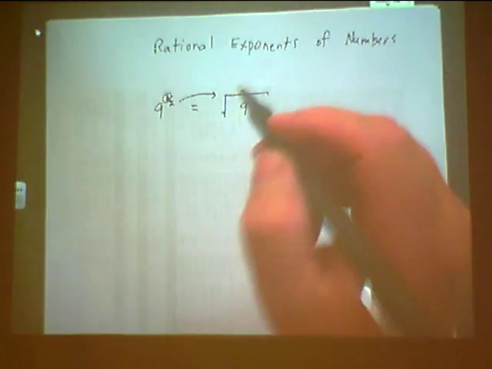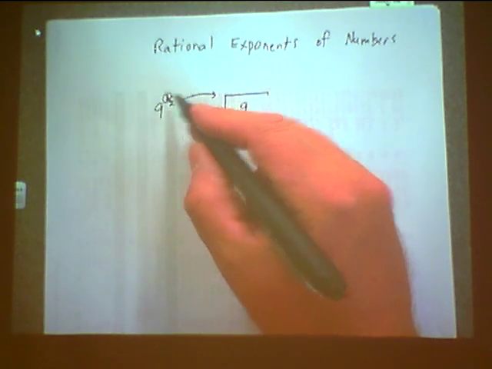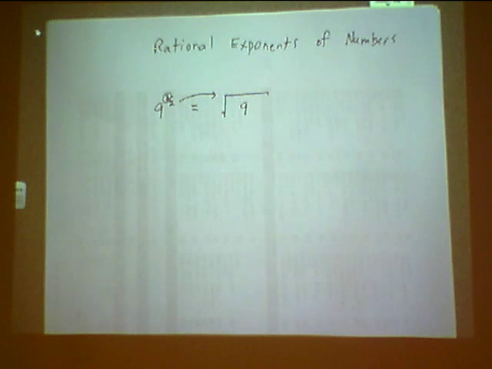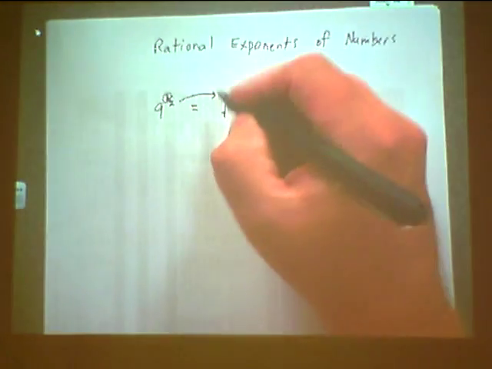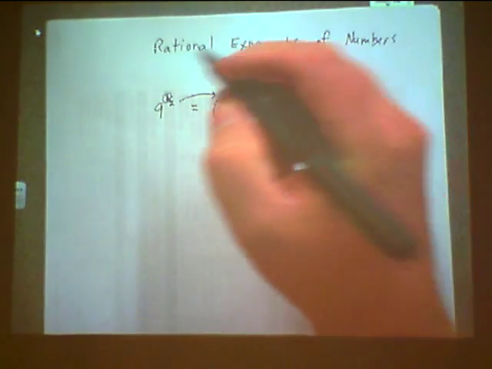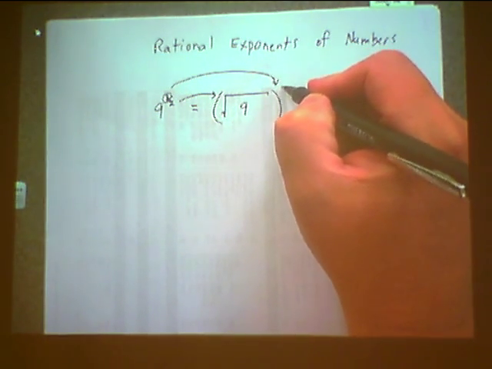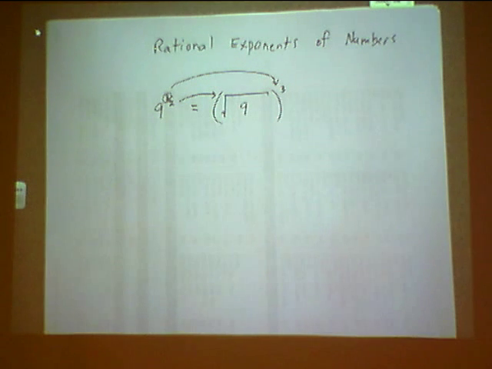I could take that 3 and put it under the radical as an exponent on the 9, and that's perfectly fine. But for me, the problem becomes much easier to determine if I just take my whole radical and I put the exponent of 3 outside this whole radical.